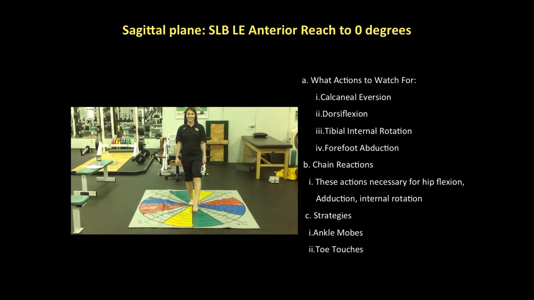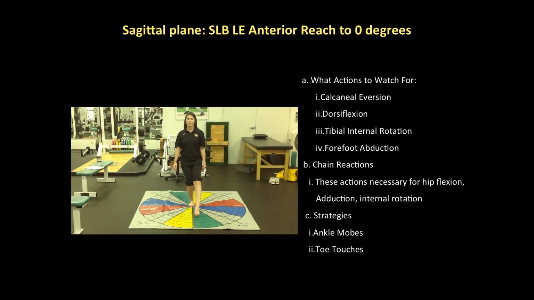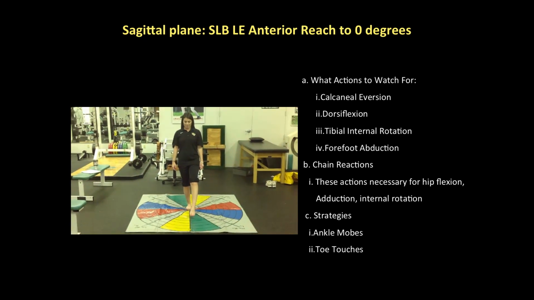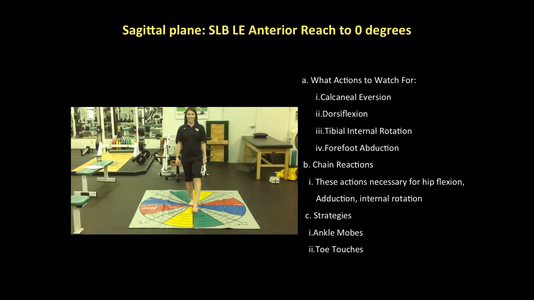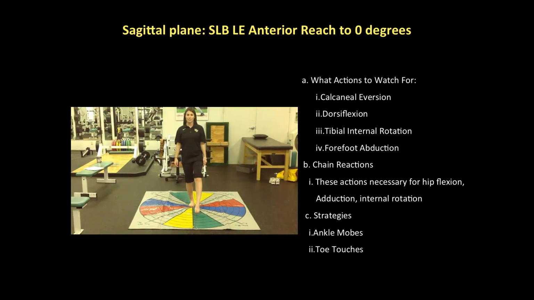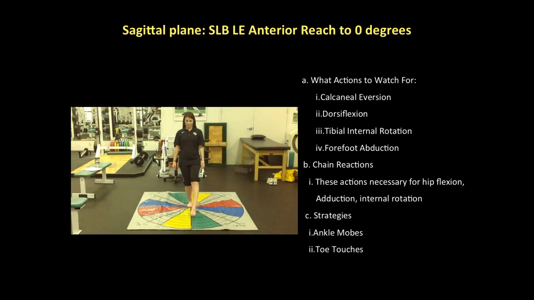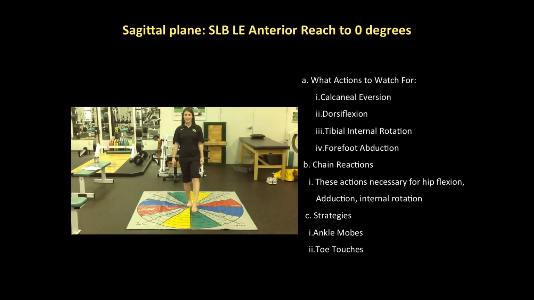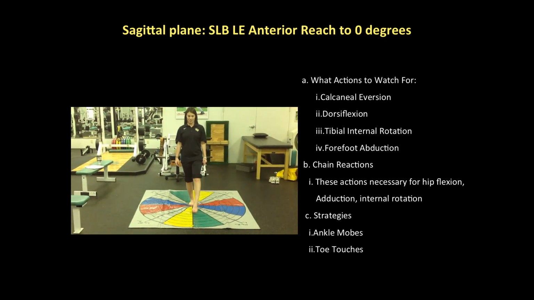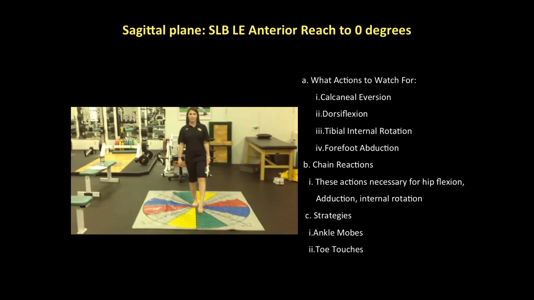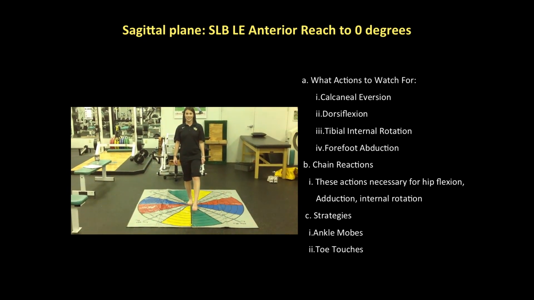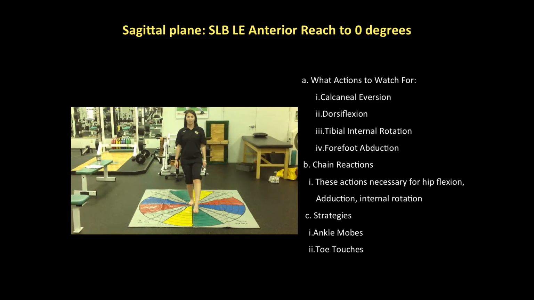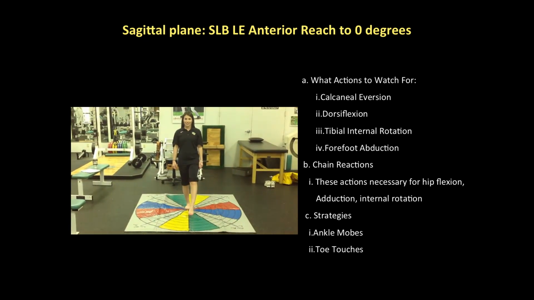Important motions to analyze are the quality of ankle dorsiflexion, calcaneal inversion, tibial internal rotation, and forefoot abduction. Common compensations that often occur are too much flexion at the hip, which does affect the foot reaction, such as toe clawing, inversion, and forefoot adduction, which can be very common.